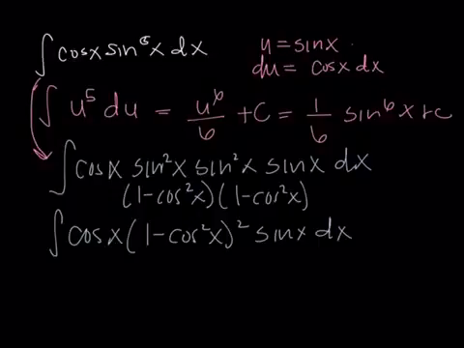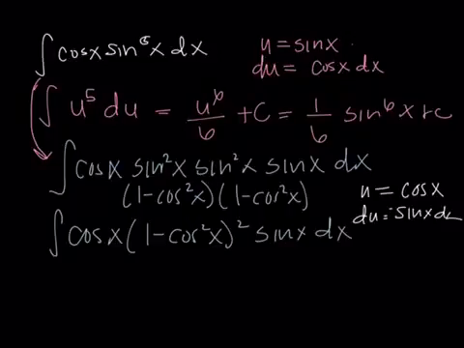Okay, so from this point, we can go ahead and use a u substitution. So u is now going to be cosine of x, so that du is now negative sine of x dx. So that now we can rewrite this as negative, and I'm going to change the sine of x and dx to be du.